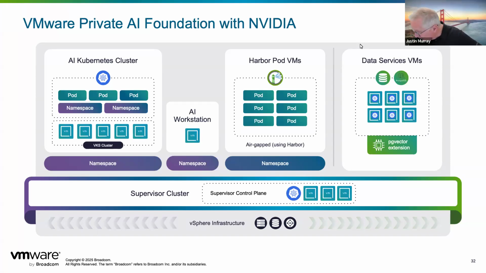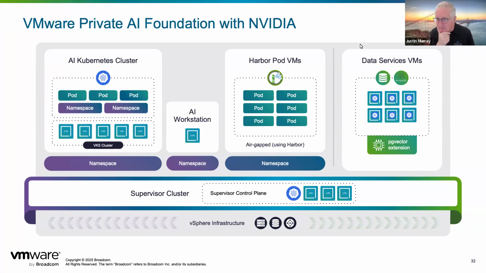Question here: how do we know which GPU needs to be selected for the type of container workloads, and how do we plan GPU capacity? That's a great question. Thank you, Raj. I'll talk a lot more about GPU infrastructure towards the back end of this talk, but we give you an option that you're going to see in a few minutes to select what we call a VM class.